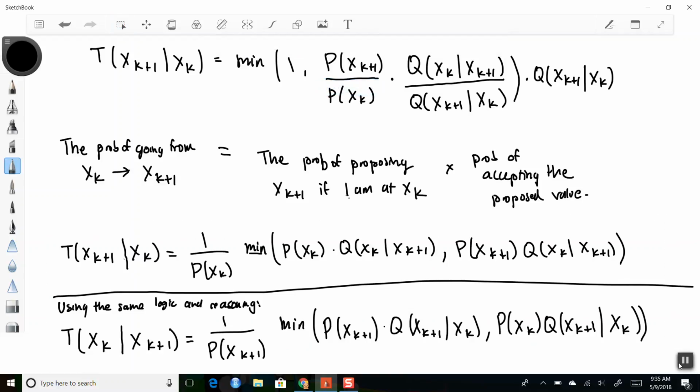Did I make a mistake somewhere? Let me just verify my notes here. Probability of xk plus 1 given xk. Hold on, sorry. Probability of xk given, oh, I made a mistake.